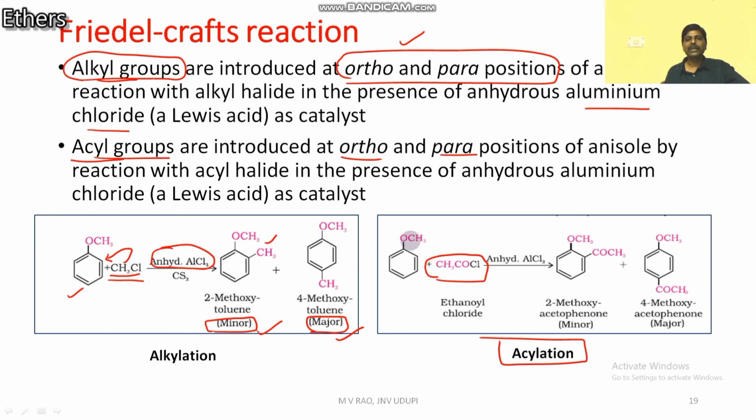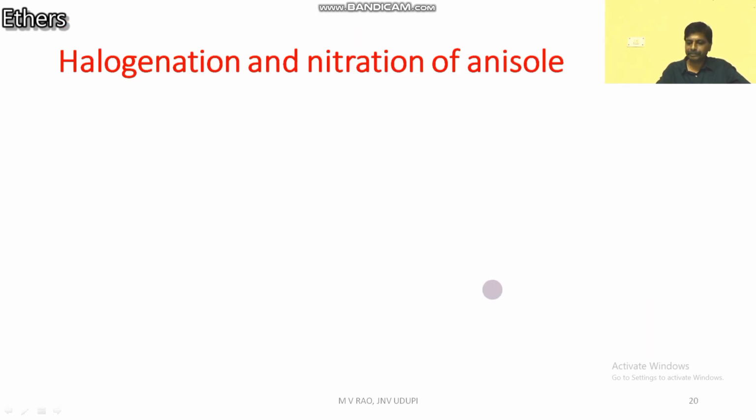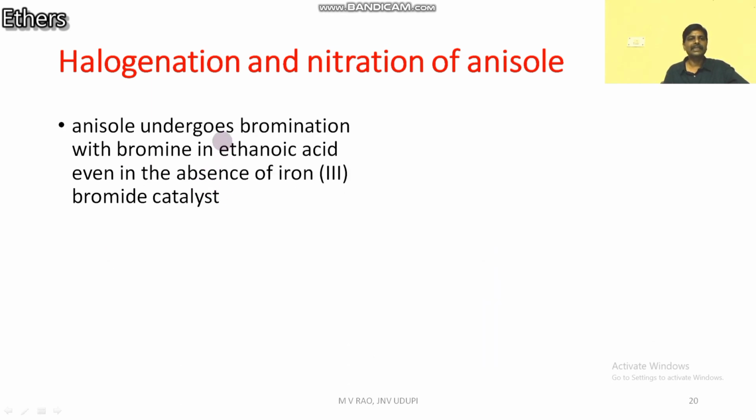When anisole reacts with acetyl chloride in the presence of anhydrous AlCl3, 2-methoxyacetophenone is formed and one more product, 4-methoxyacetophenone, which is the major product. So these are Friedel-Crafts alkylation and acylation.